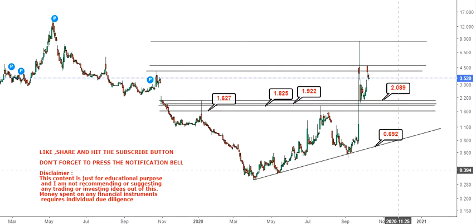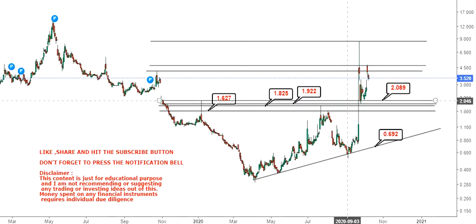If these 3 or 4 support levels break, then obviously we'll see much lower prices, or things could turn around in a negative way.